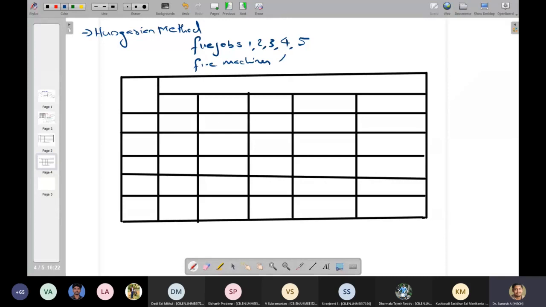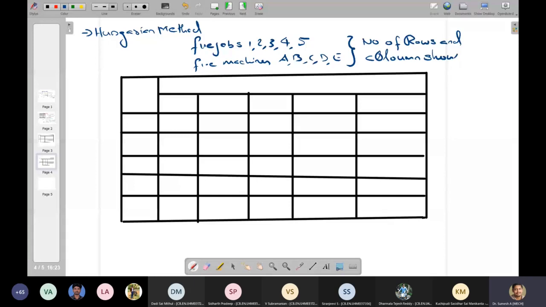What will be the first condition in the case of the Hungarian algorithm? The number of rows and columns should be equal.